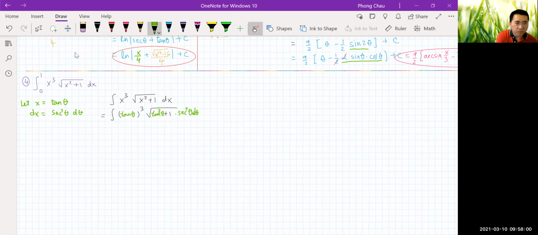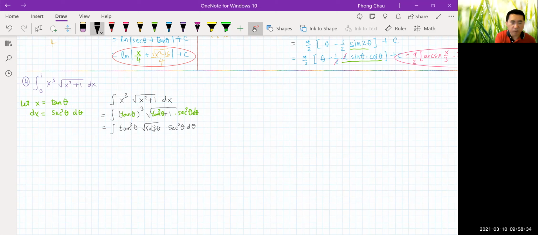Now, after you plug in and simplify, let's see what we get. You see here that tangent cubed. That's tangent cubed. This is what? This is tangent squared plus 1, which is secant squared. So you have secant squared, right, inside the square root.